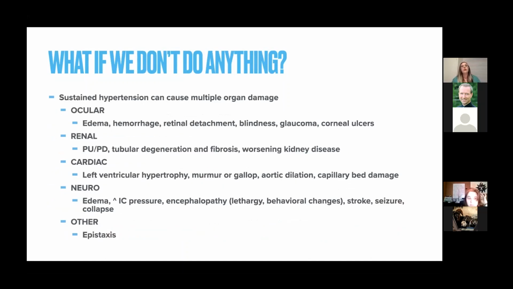So what if we don't do anything at all, right? Whether it's situational, so maybe the owner can't medicate or the pet is difficult, or whatever the reason may be, we don't want to do anything, the owner doesn't want to treat, whatever. Obviously, as you know, sustained hypertension can cause multiple organ damage. In regards to the eyes, we're going to have ocular edema, hemorrhage, retinal detachment.